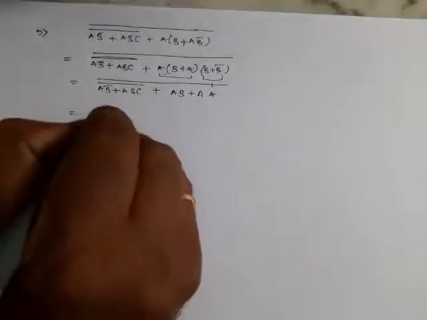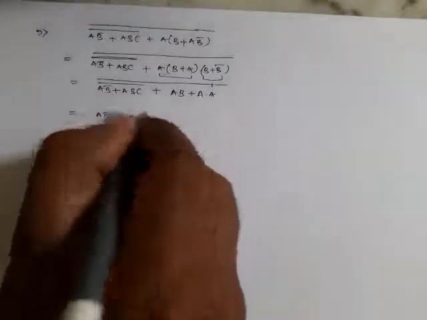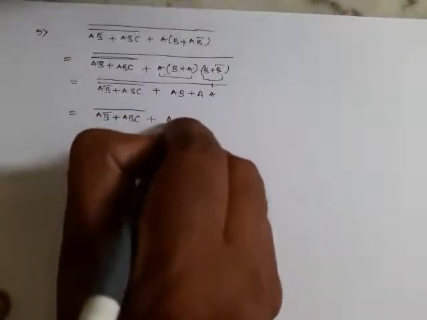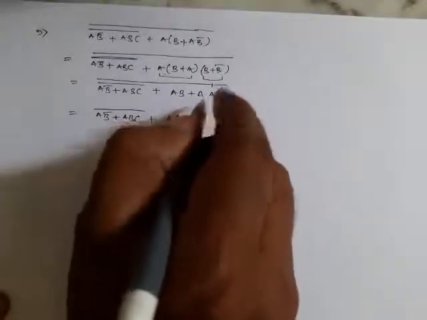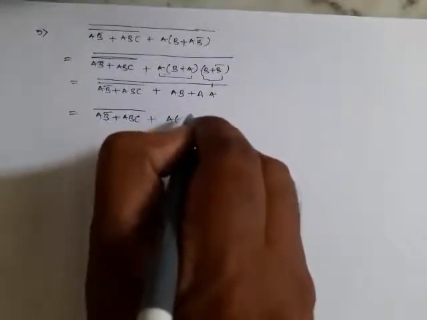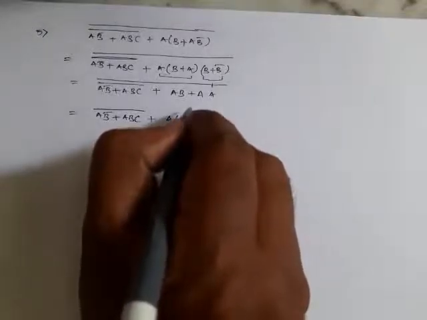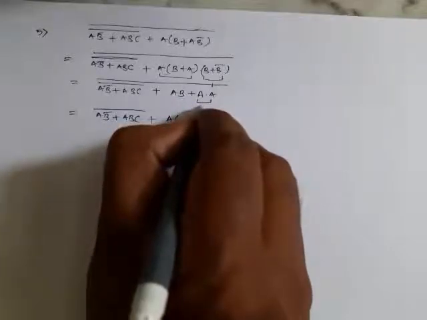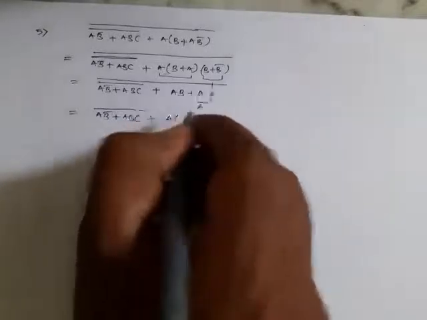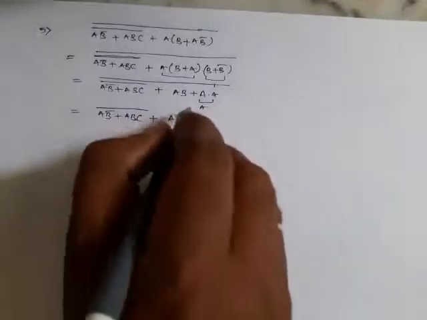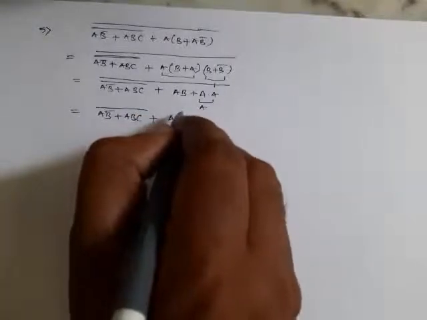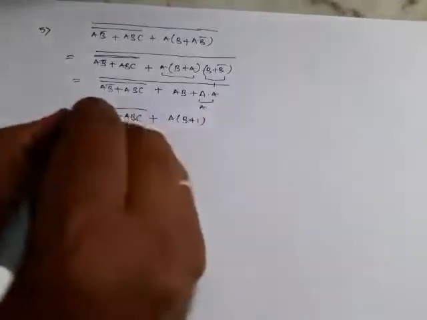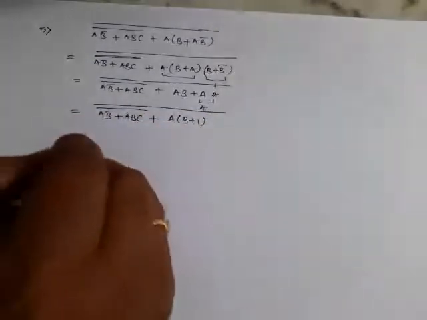Here again it can be written as AB bar plus ABC whole bar plus, again use the distributive law, so this is A dot A is A itself, so when you take A by using distributive law, it becomes B plus 1, and there is a whole bar.